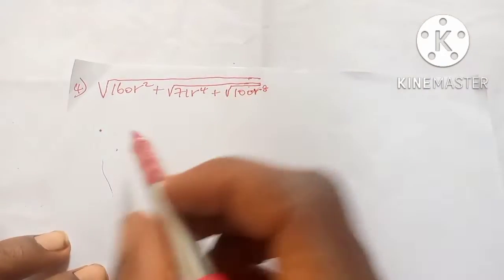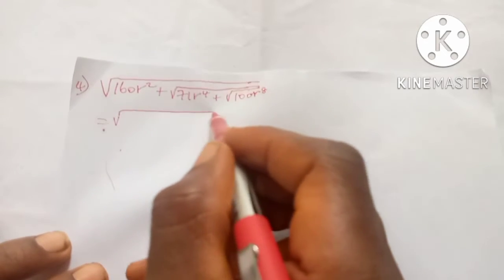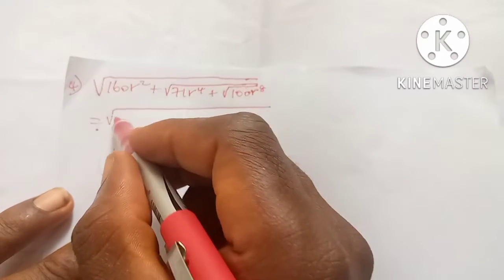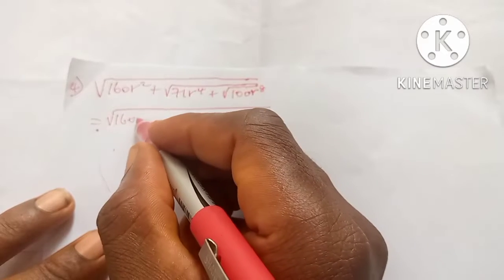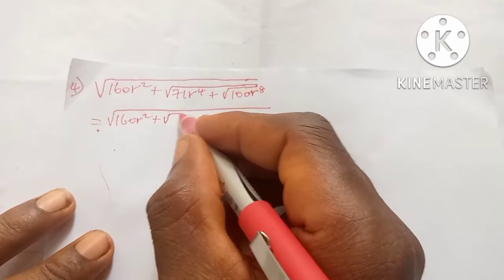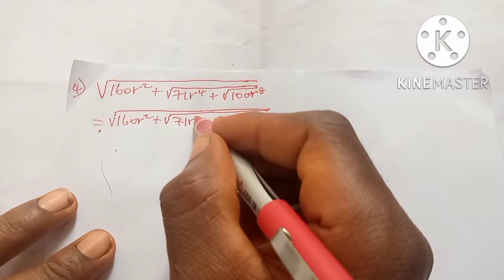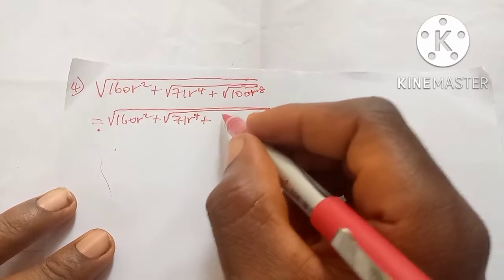So let's start. This is equal to square root of 160 r square plus root 71 r 4 plus.